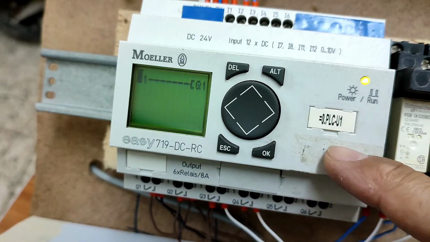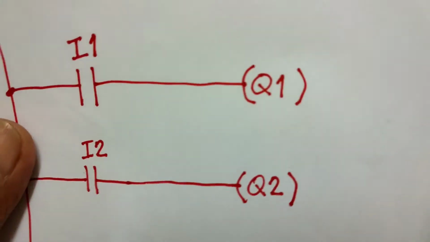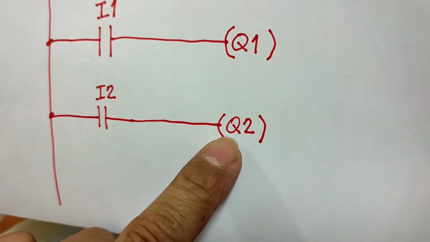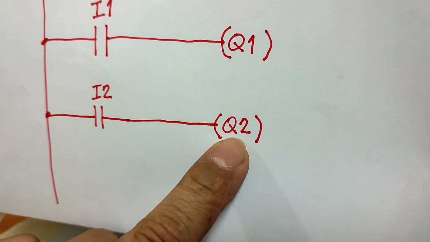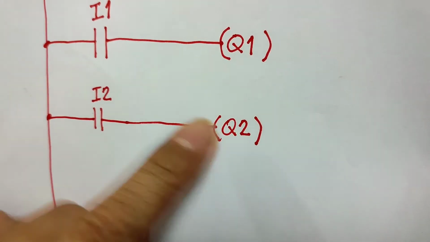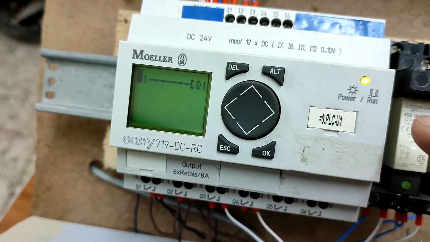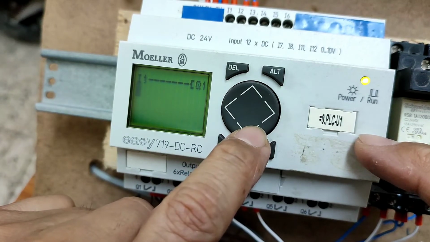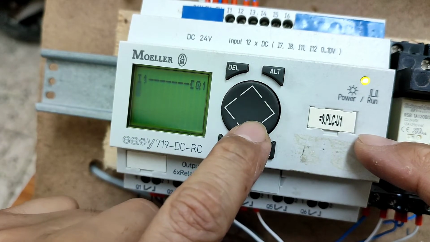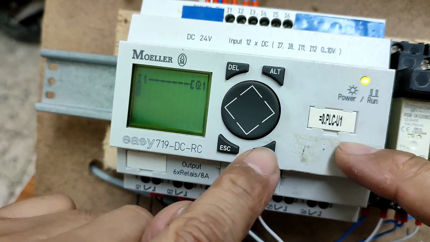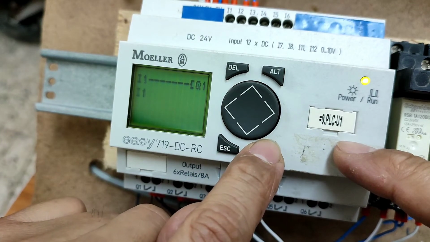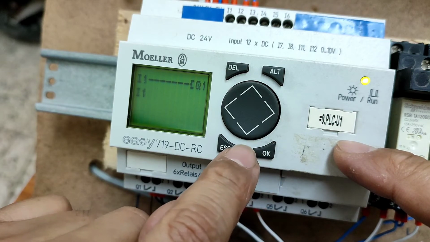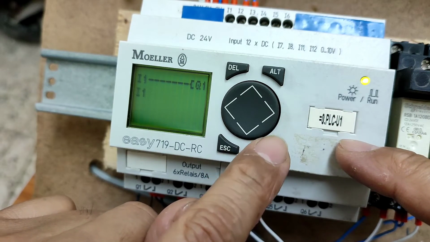wherein I can edit. So I will add input 2 and then output 2, Q2. So I need to bring the cursor down one more. If I press OK, input 1 is the default.